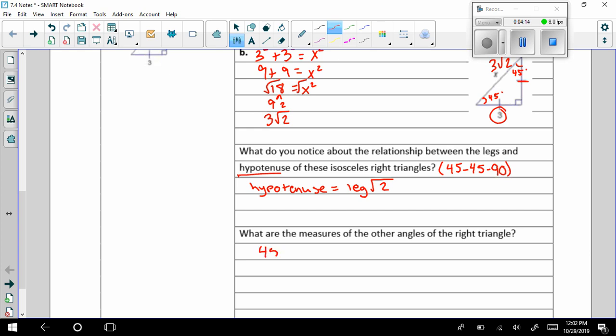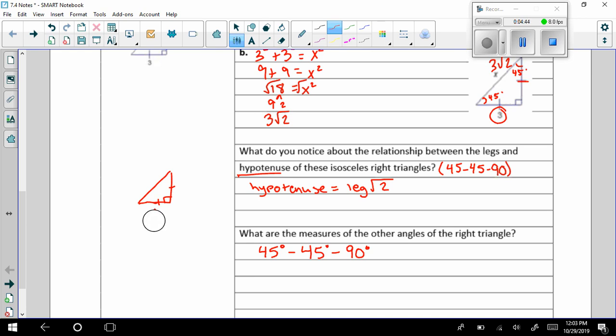Okay, so it's always 45 degrees, 45 degrees, and 90. So another example, anytime you see an isosceles, say this is 3.